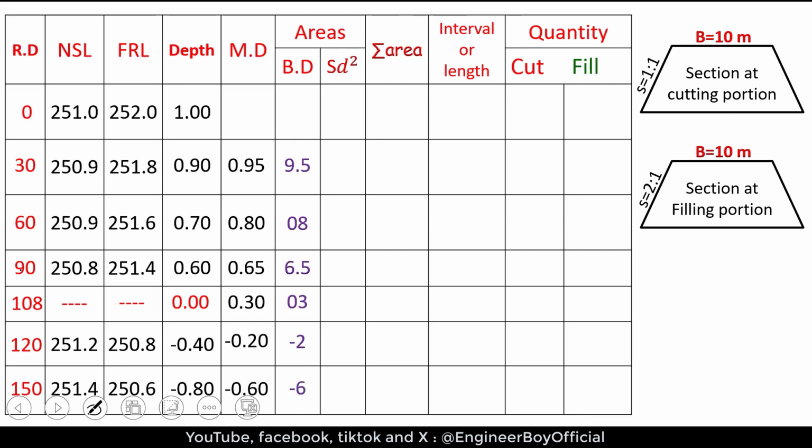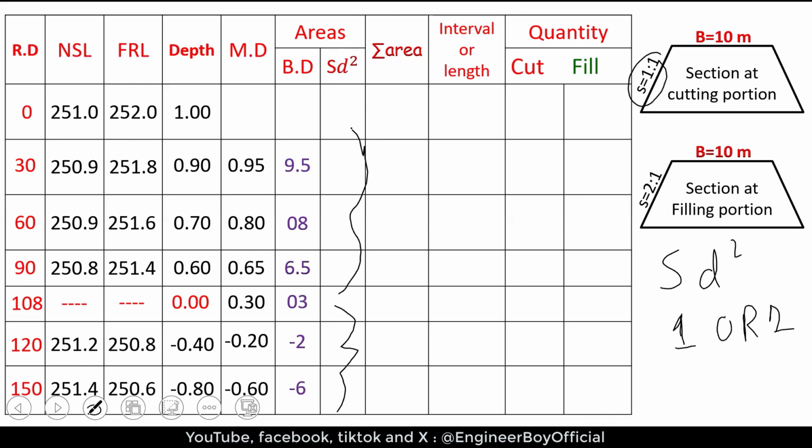Now SD square, okay? For S, we're gonna put 1 or maybe 2 because we have cutting and filling both. And over here, as you can see, we have cutting. So for these portions, we will just include the side slope for cutting, which is 1.